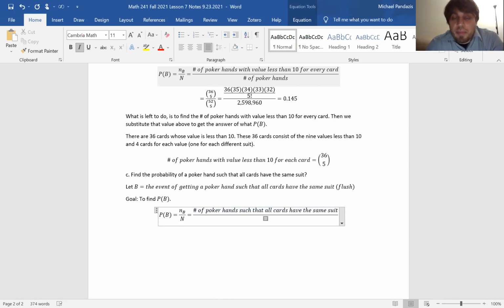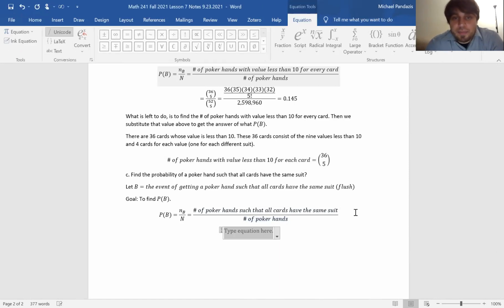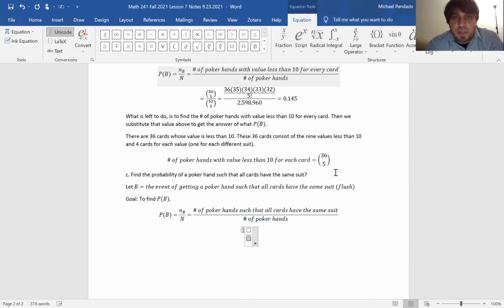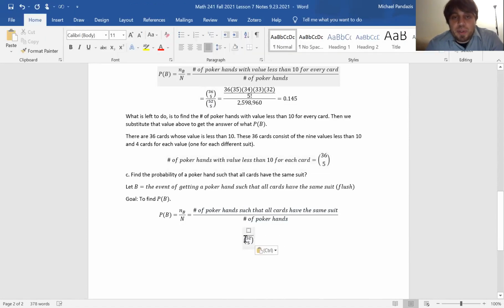The denominator, capital N, is the number of poker hands, so it's simple. It's still the same value we've been calculating: 52C5, just choosing any 5 cards from the entire deck.